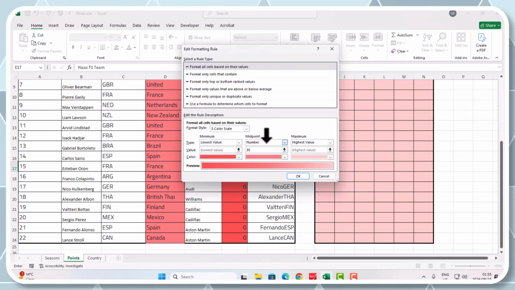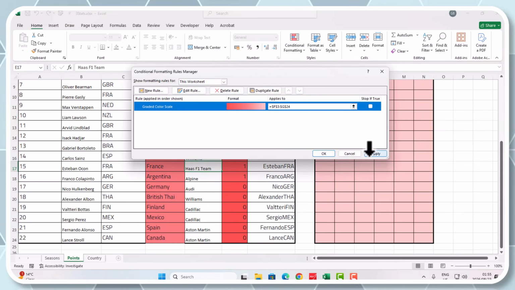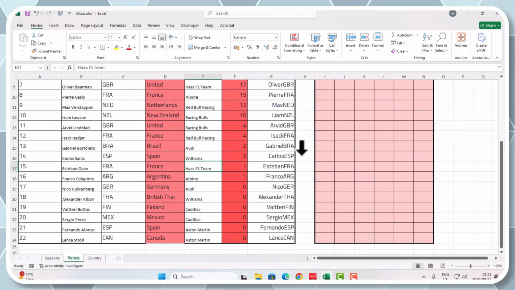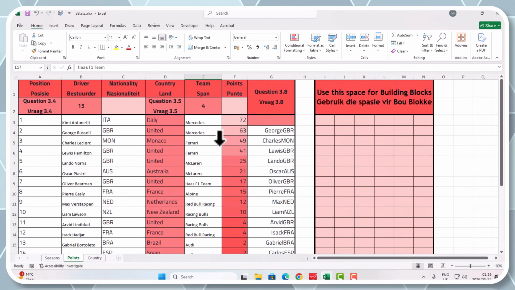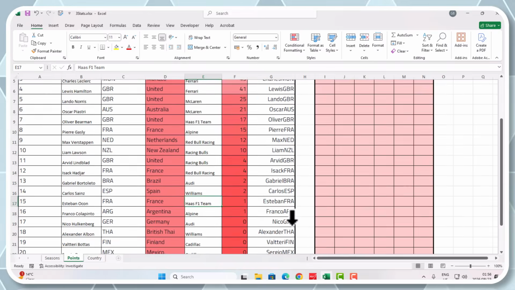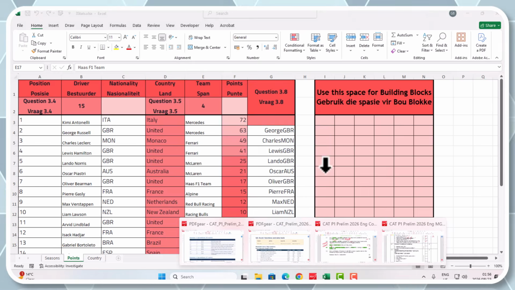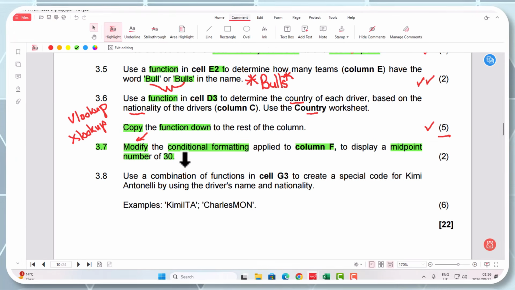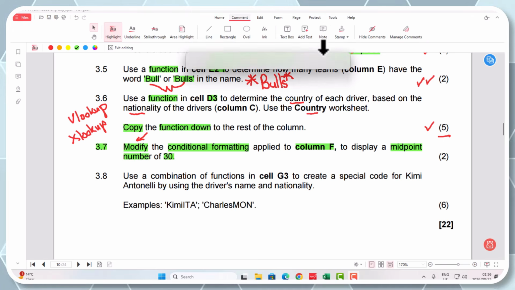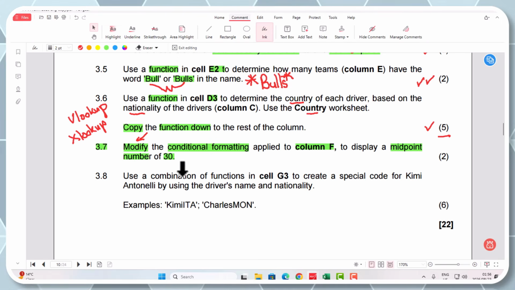Midpoint number 30. Let's go OK, and let's go apply, and let's go OK, and you'll see there that it has changed that. Are you guys happy with it? Good stuff. Let's give ourselves the 2 marks there. Again, you can go through the paper and see where you've got to rewind and do.